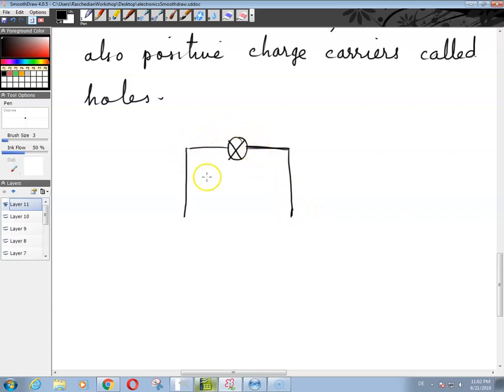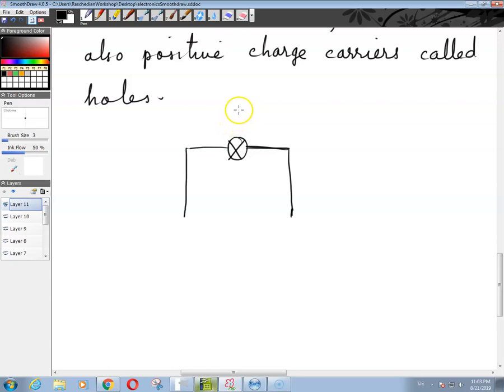Now the electrons are, of course, in the circuit. So now we need some sort of an electromotive force in order to get these electrons to keep moving in the circuit, and then as a result of that, the lamp would start glowing.